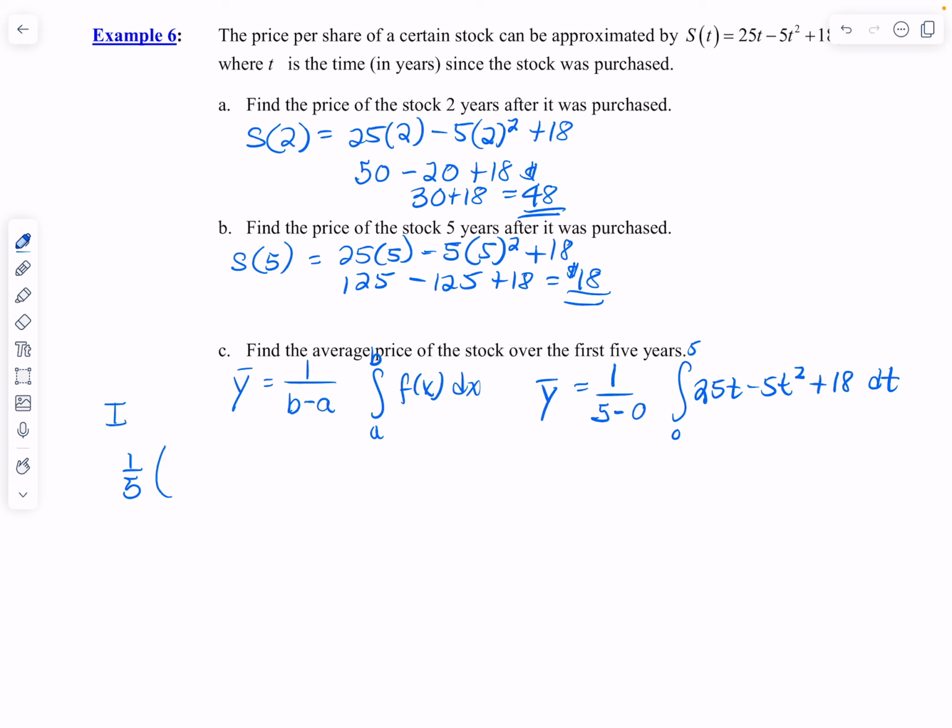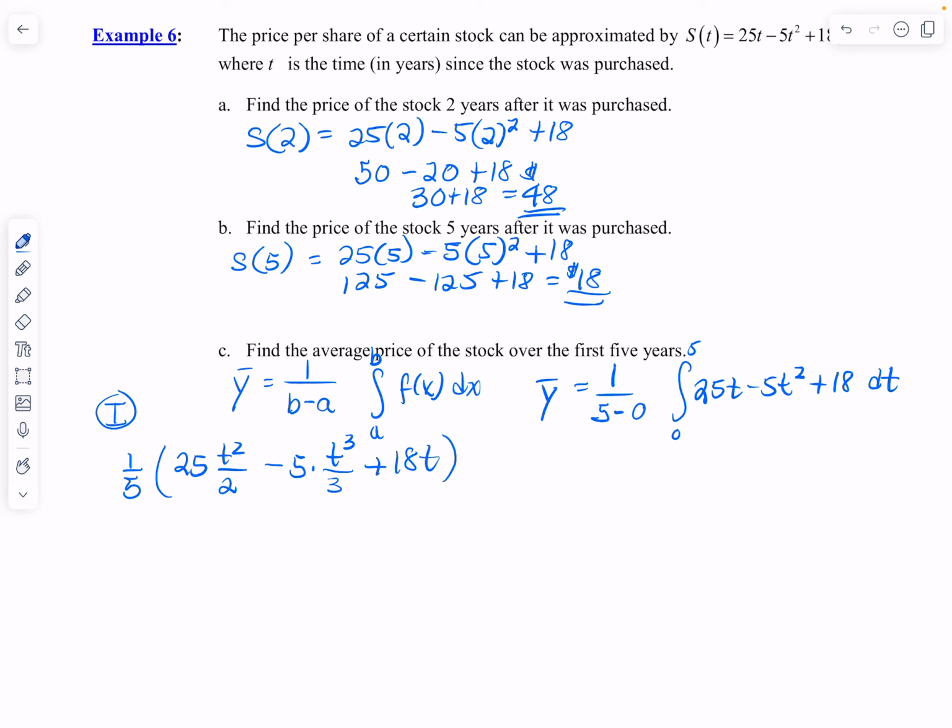I'm doing the integration. So I get 25, and I get t squared over 2, minus 5 times t cubed over 3, plus 18t.